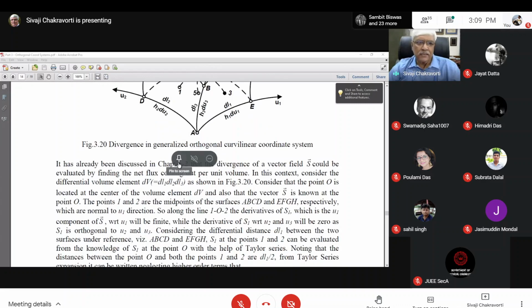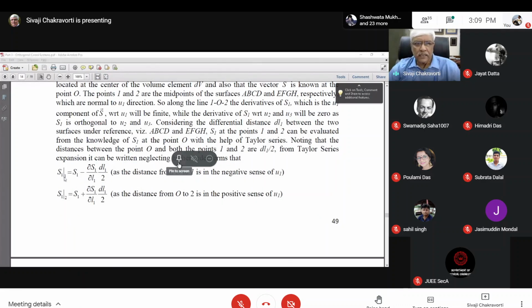What I am writing here, since S1 is the component in the u1 direction, is S1 minus del S1 del l1 into dl1 by 2. It is just that A, the distance, is minus dl1 by 2 multiplied by the first order derivative.